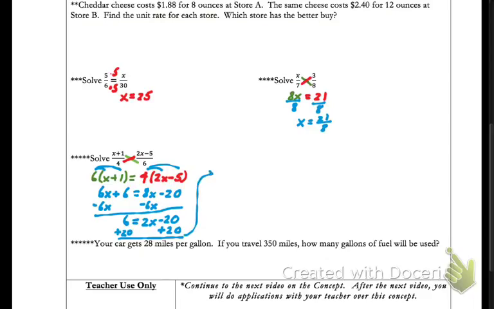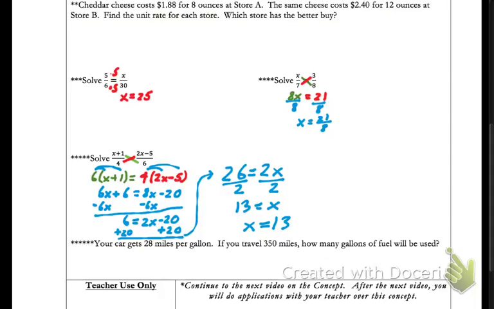That gives me 26 is equal to 2x, and dividing both sides by 2 gives me 13 is equal to x, or x is equal to 13. And we just solved a proportion using our tremendous algebra skills involving the distributive property.